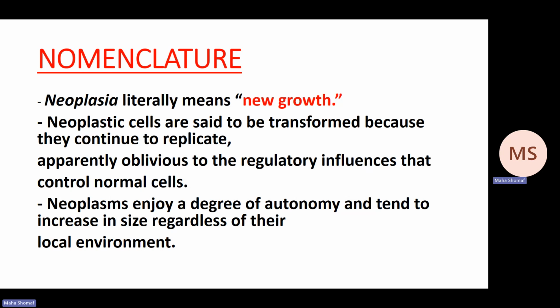Neoplastic cells are said to be transformed because they continue to replicate, apparently oblivious to the regulatory influences that control normal cells. And neoplasms always enjoy a degree of autonomy, and they do not tend to depend on receiving some signals for their growth or for their survival.